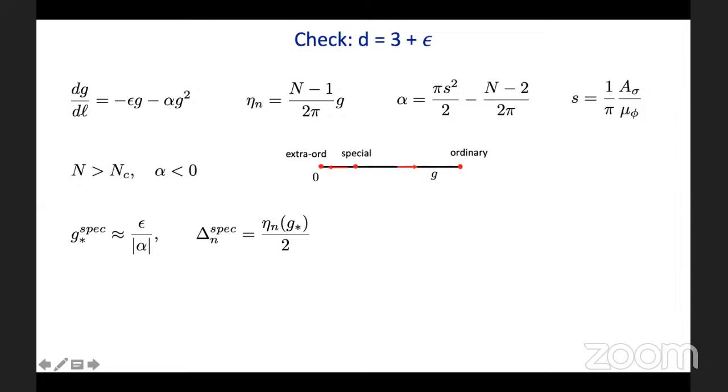Do you expect some behaviors for the criticality? Good question, but you have to decide what the bulk theory will be then, right? So we have to have some kind of bulk phase transition, and I'm not sure we know the universality classes of those bulk phase transitions.